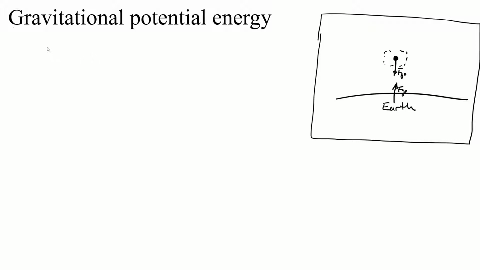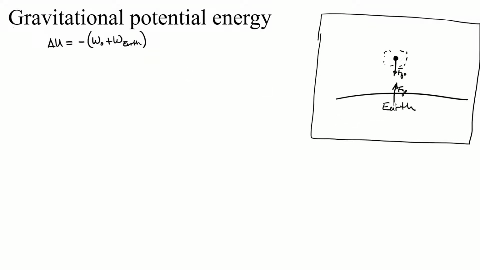But if we wanted to look at the change in potential energy of this system, it's going to be negative the work done on our object plus the work done on Earth, right?